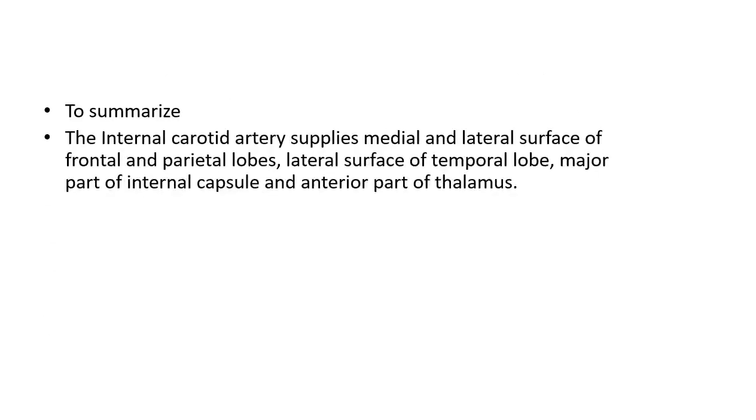So to summarize, your internal carotid artery mainly supplies the medial and lateral surface of the frontal and parietal lobes, the lateral surface of the temporal lobe, and a major part of the internal capsule, mainly through its branches: the anterior choroidal, Charcot's artery, and the recurrent artery of Heubner.